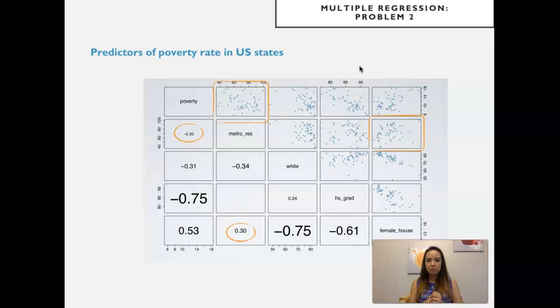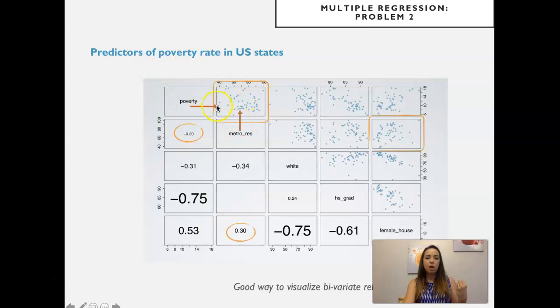Now I want to show you something. I want to help you interpret these plots. Let's think about this particular plot here. What scatter plot is this one? So here's poverty on the y-axis, and here's the percentage of people residing in the metropolitan area.